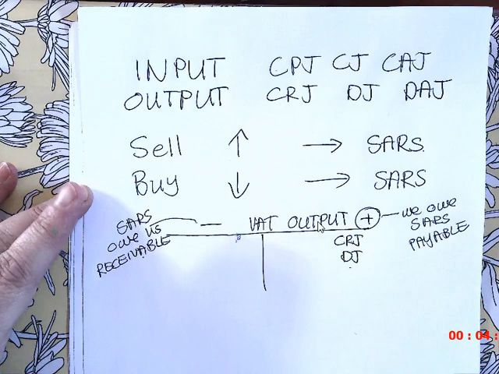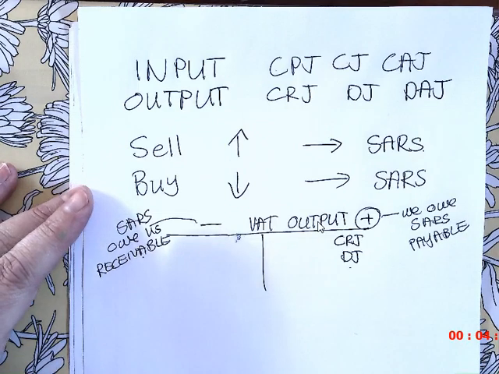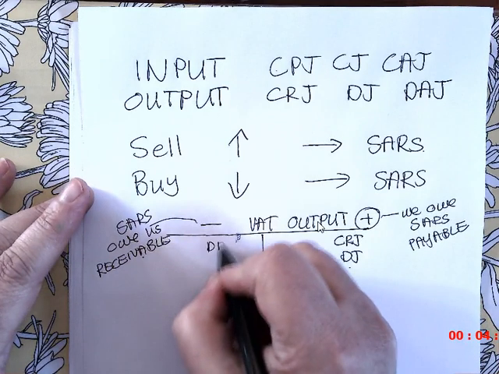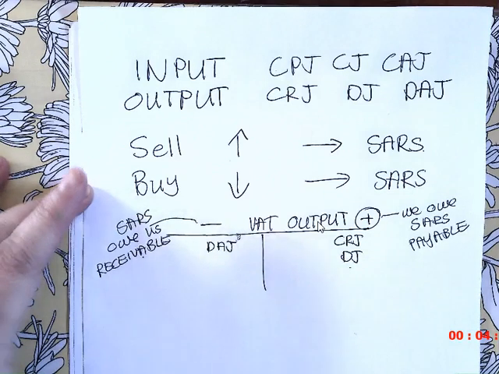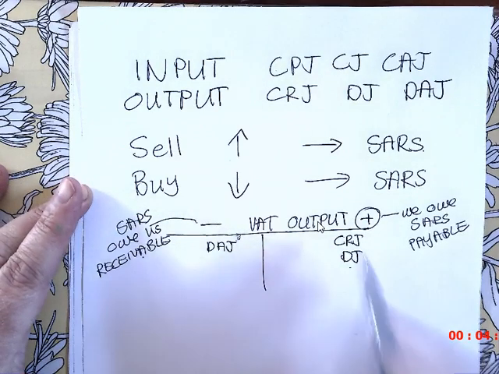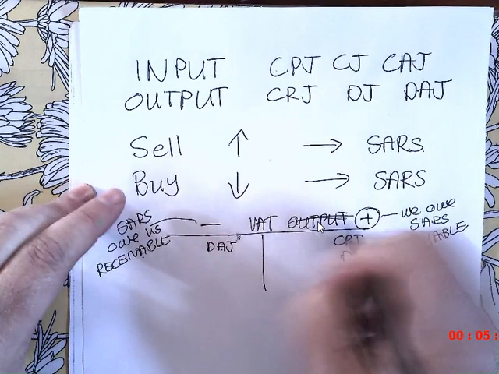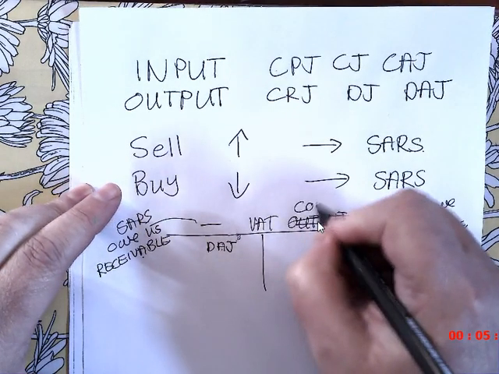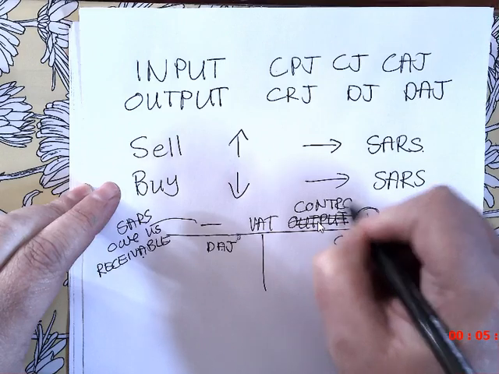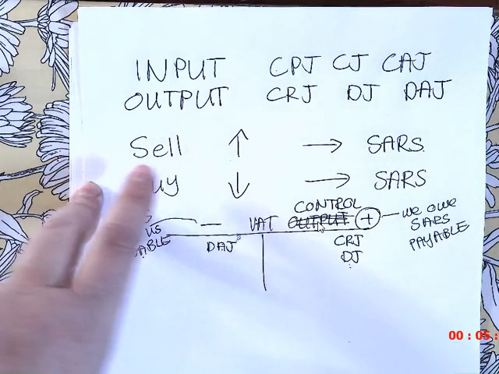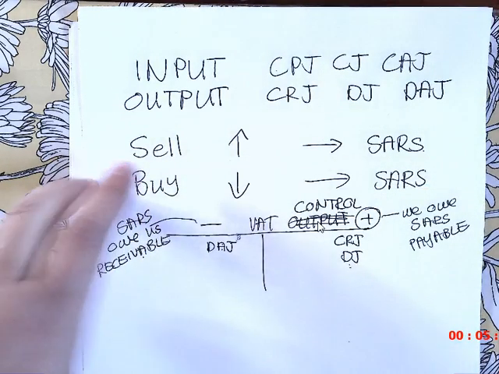But the moment a debtor returns goods, the VAT I need to pay over now decreases. You see? But can you see all of this is still output VAT? This isn't VAT output, sorry, this is VAT control. Sorry for that. Okay, so this is all VAT output.